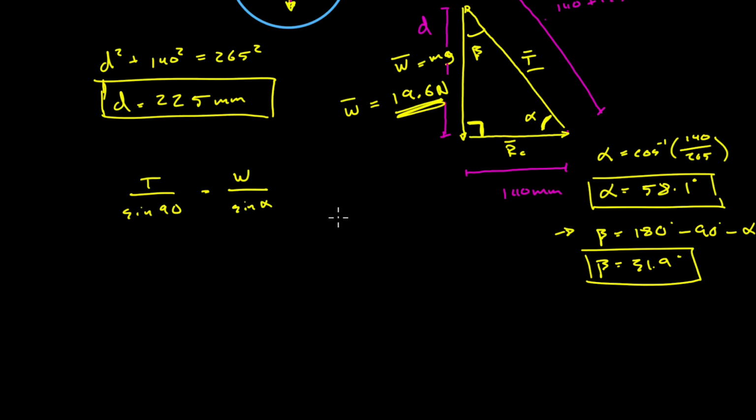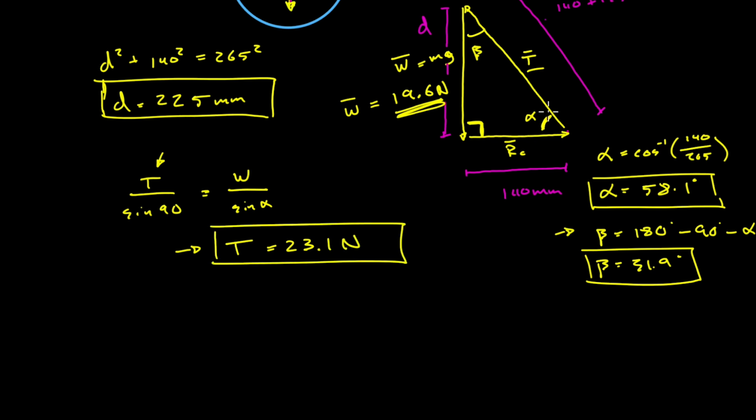So that would be alpha. Okay, so everything in this equation is known except for tension. And so when we plug in 19.6 for W and 58.1 degrees for alpha, we can calculate the tension is 23.1 newtons.